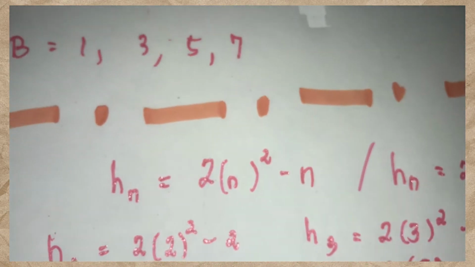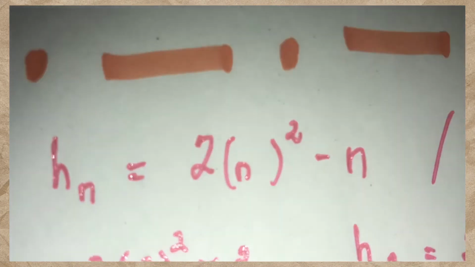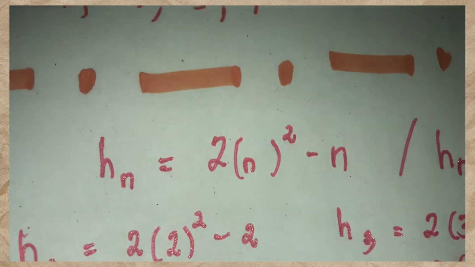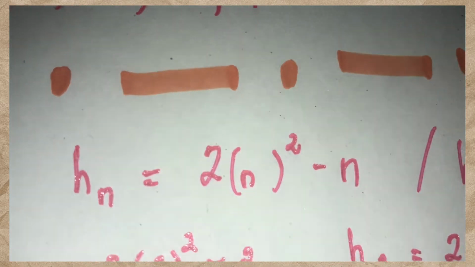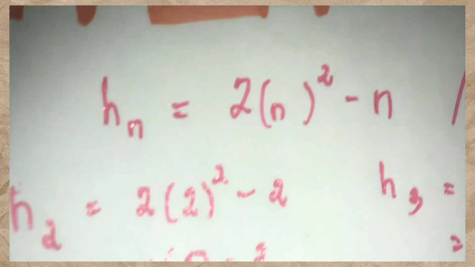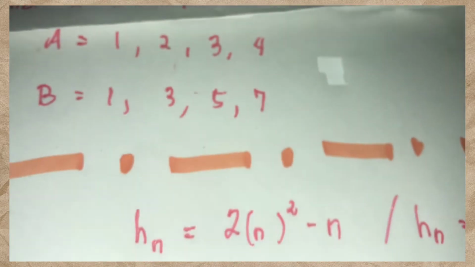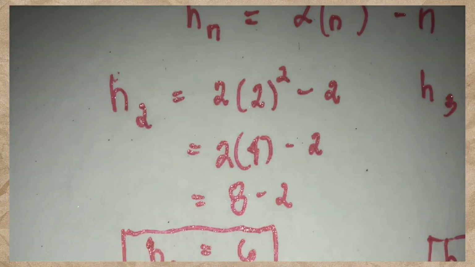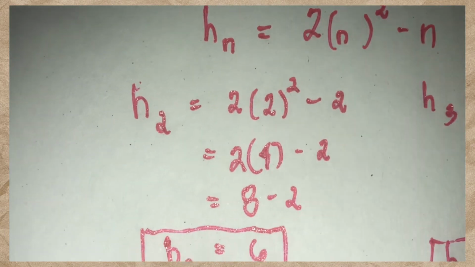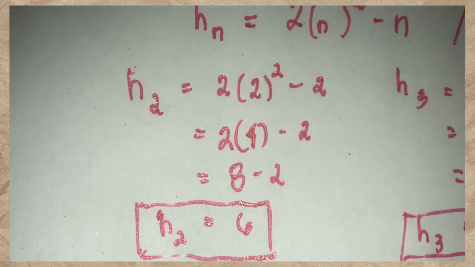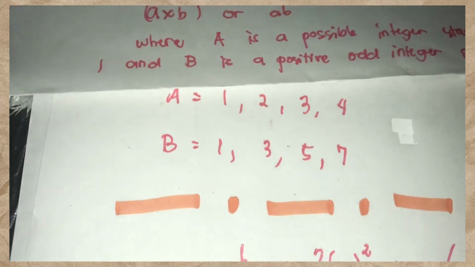So this is how I come up with the formula to solve for the number of dots in the hexagonal pattern. Let's skip n equals 1 because it's already given. I'll start with pattern 2, hexagonal 2.